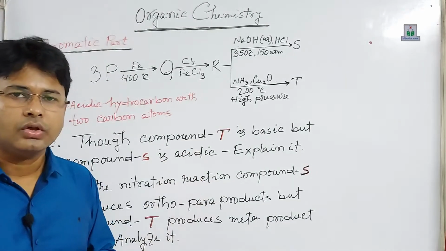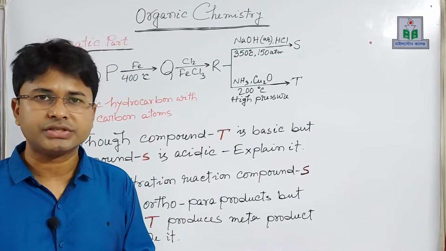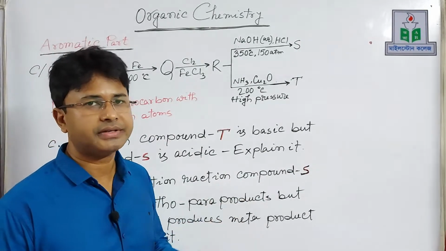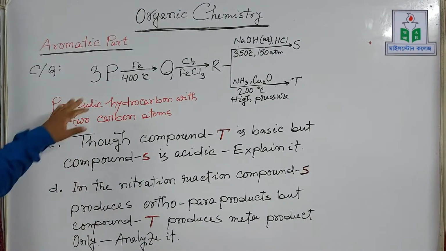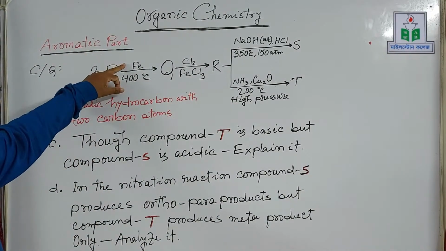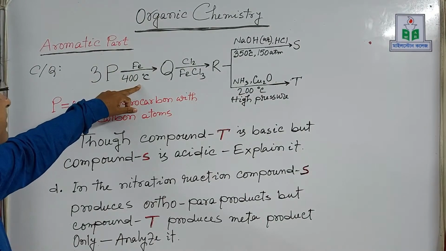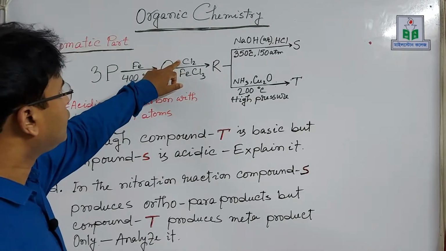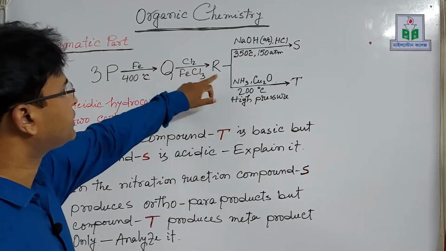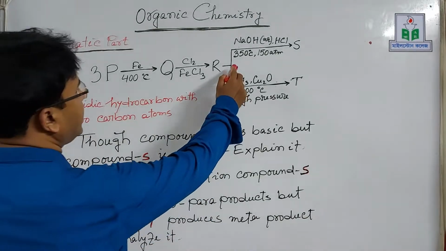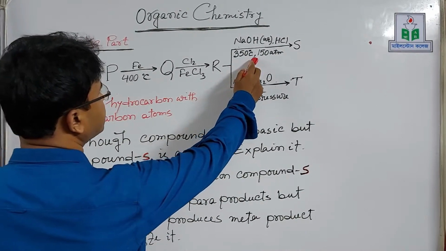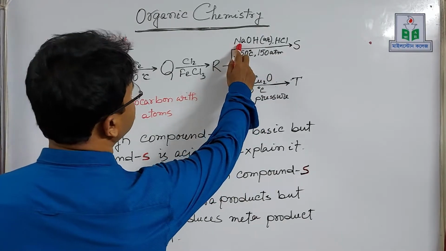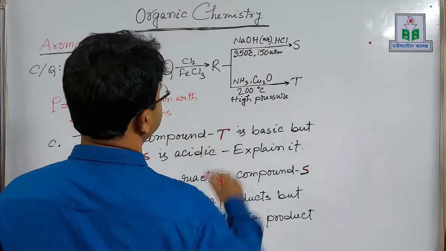Dear students, today I am going to teach you the creative questions of organic chemistry, and this is an aromatic part of organic chemistry. P, in the presence of iron catalyst at 400 degree centigrade temperature, converts into Q, and Q reacts with chlorine in the presence of ferric chloride to produce R. At 350 degree centigrade temperature and 150 atm pressure, R compound reacts with sodium hydroxide and then hydrochloric acid to produce S compound.